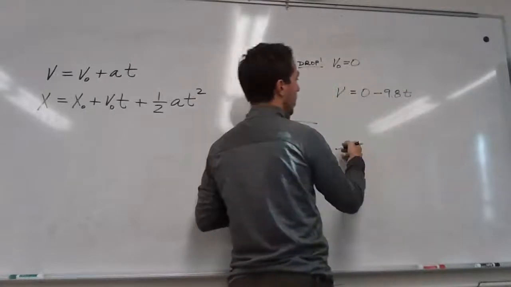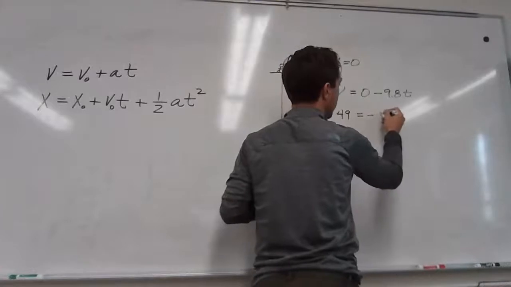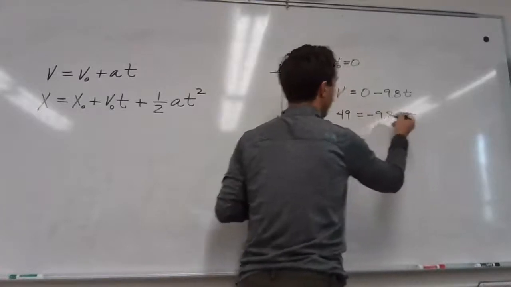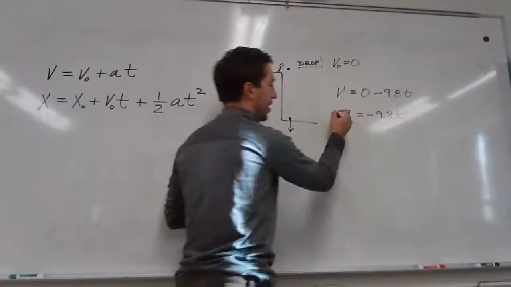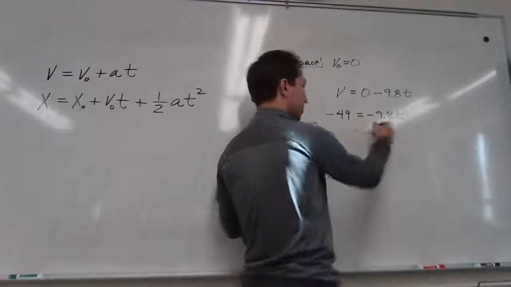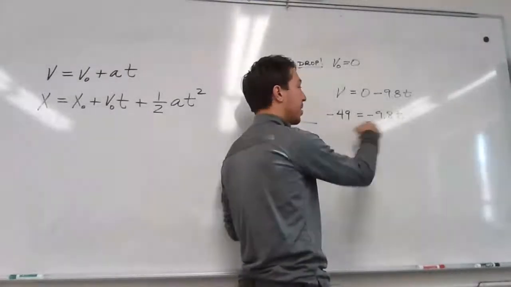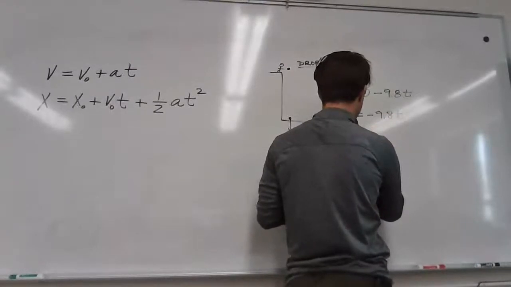And then this is 49. Now, if you're wondering about the negative sign, technically, just before it hits the ground, its velocity is negative. So I really ought to call that negative 49. So anyway, you can see that's why I'm dividing 49 by 9.8. So that turns out to be like, what, 5-ish?